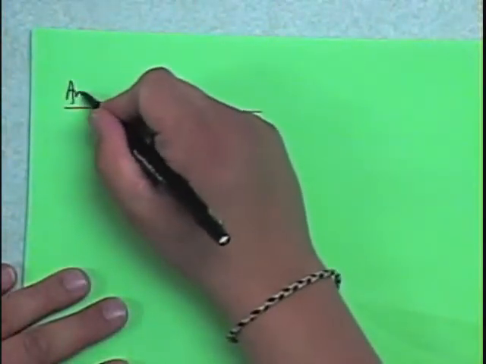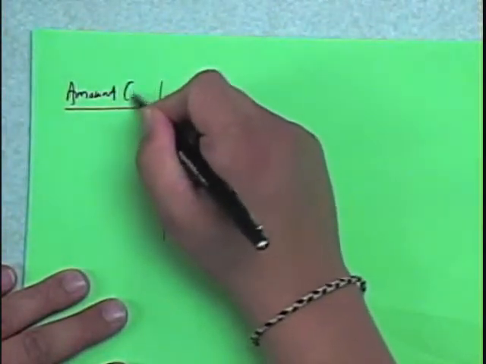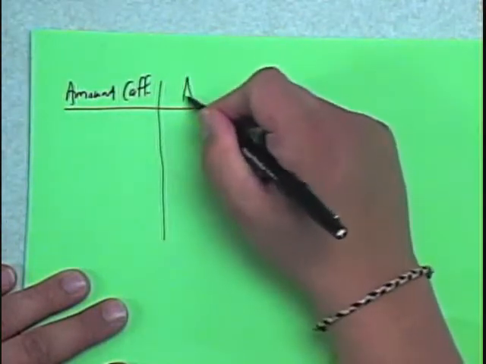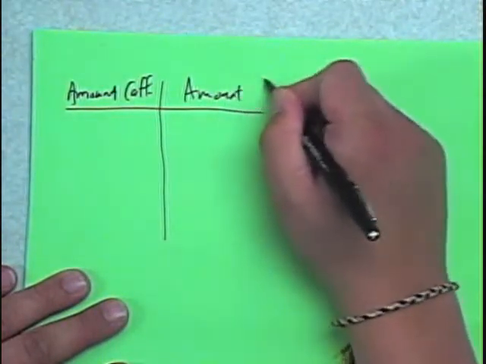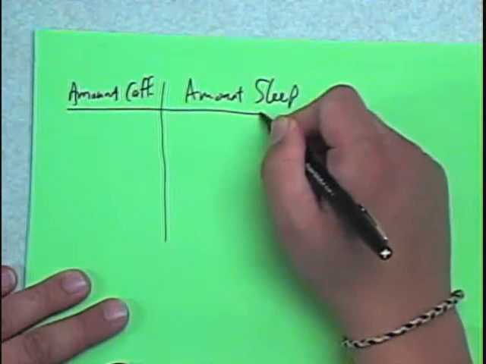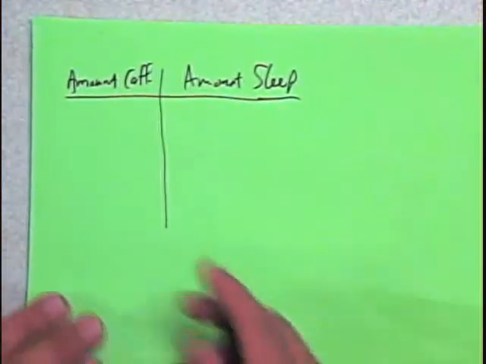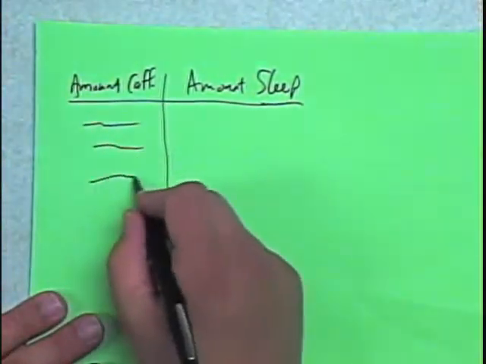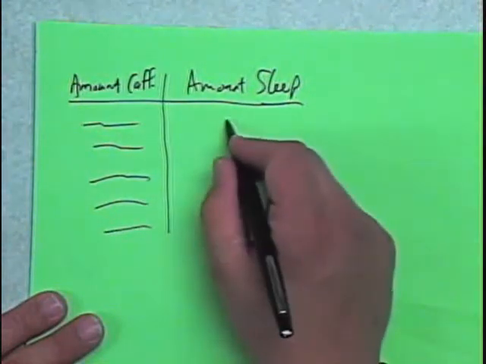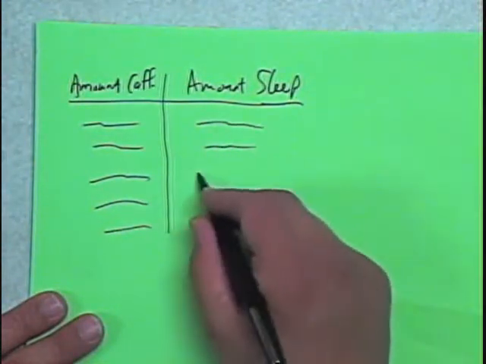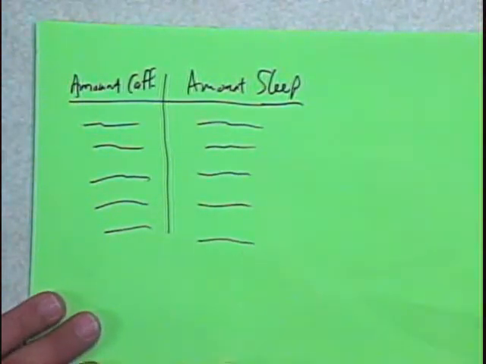You would look at the amount of caffeine they have, and then the amount of sleep that they get. Then you would record for 5 people the amount of caffeine that they have, and record how much sleep they get.